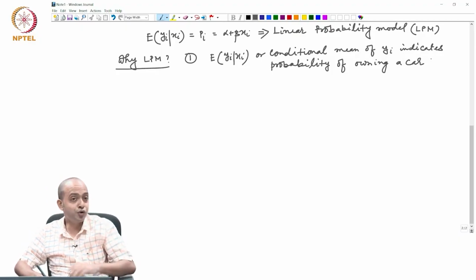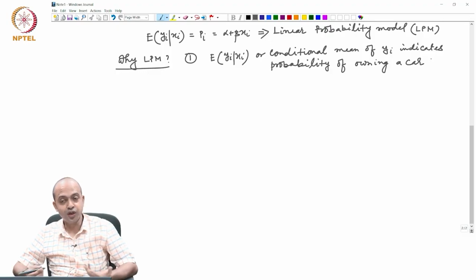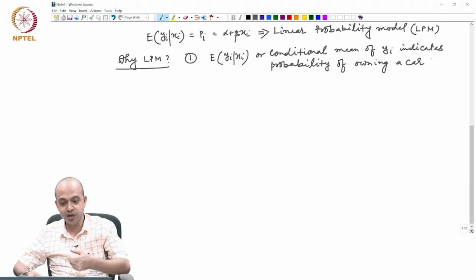When we are talking about yi equals alpha plus beta xi plus ui in the context of the consumption function, there expectation of yi given xi, or alpha plus beta xi, was denoting only the mean income, but here it is a conditional probability.